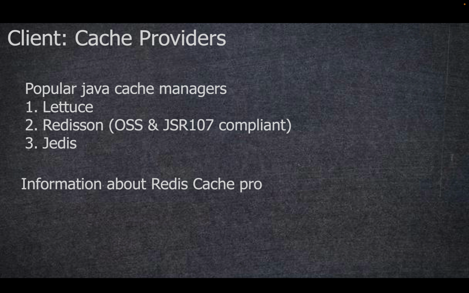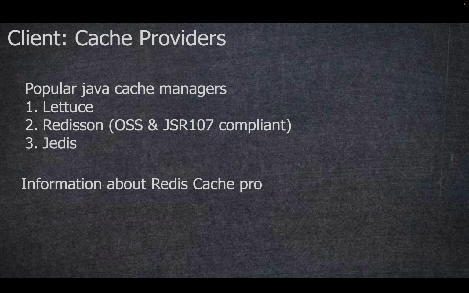And now, as far as JSR or non-JSR, Spring by default uses Lettuce. I would guess the reason could be something to do with the project reactor and non-blocking IO capabilities that Lettuce offers, I'm guessing. But as far as JSR or non-JSR compliance, as long as you are using Spring as abstraction, in the Spring world, it will use the Spring Cache manager, which binds to both compliant and non-compliant providers.